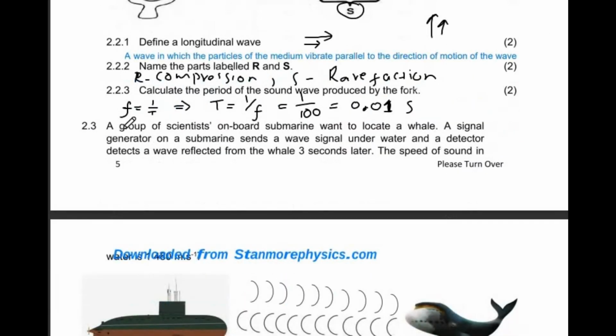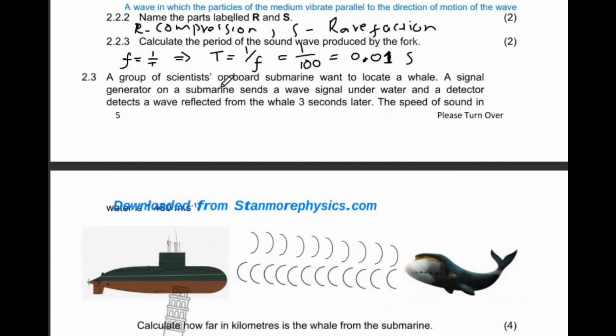2.3. We now have a group of students, or a group of scientists, on board a submarine, and they want to locate a whale. A signal generator on a submarine sends a wave signal underwater, and a detector detects a wave reflected from the whale 3 seconds later.